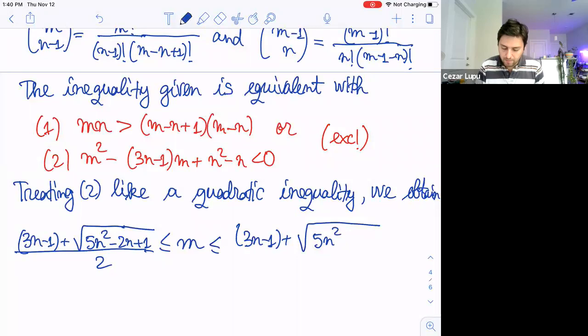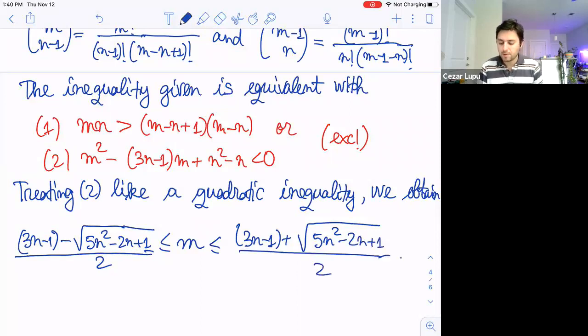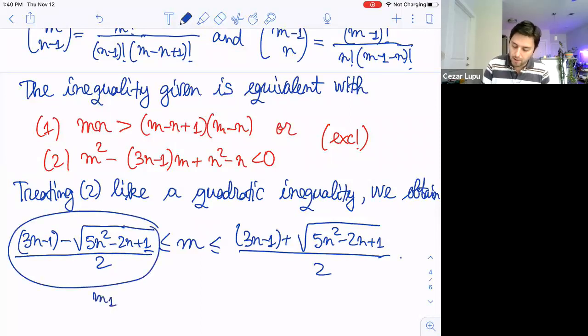Sorry, it's minus here and plus there: 5n squared minus 2n plus 1, over 2. You see? So that's what we obtain. This is the first root, let's say m1, and m2.